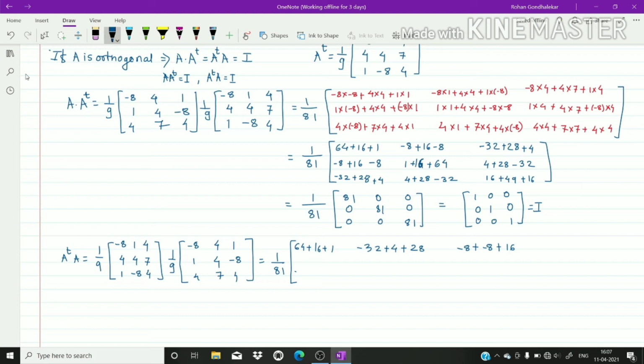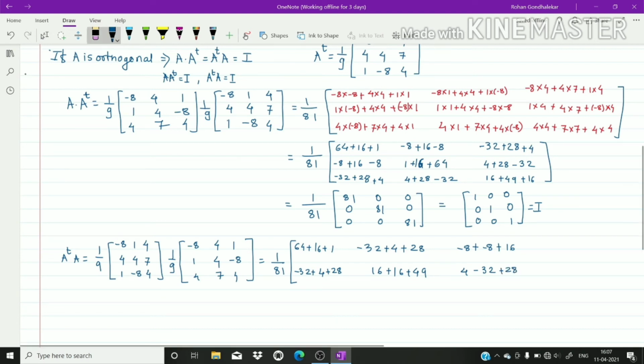So this gives me minus 32 plus 4 plus 28. Next, second row, second column, 4 fours are 16, plus 4 fours are 16, plus 7 sevens are 49. Next, 4 into 1, minus 32 plus 28.